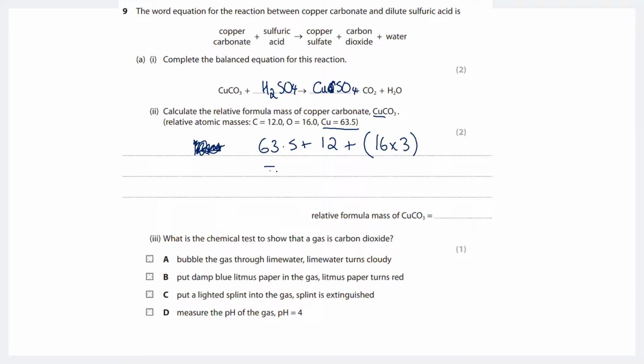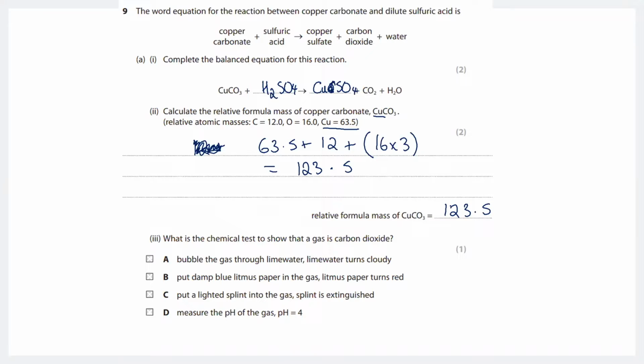It's just a maths question, really. So we get the calculator out. So 63.5 plus 12 plus, and you have to put that 16 times 3 in a bracket. 123.5. So it's nothing too difficult there to work out.